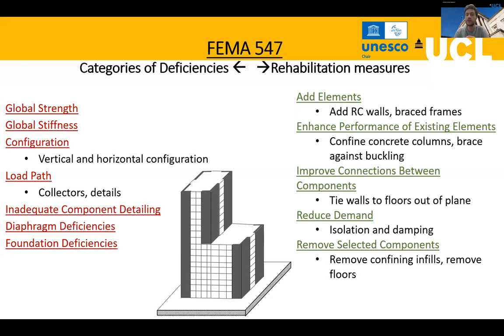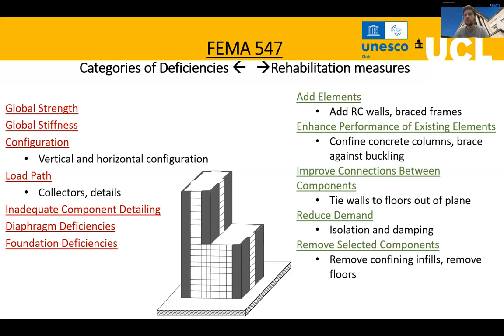Other possibilities to enhance the performance of existing elements, for example, not to add any shear wall or steel bracing, but to give the columns better characteristics. This can be done through confining existing elements, and this confinement can be done with a concrete confinement, steel confinement, or even FRP confinement, as we're going to see in a moment.